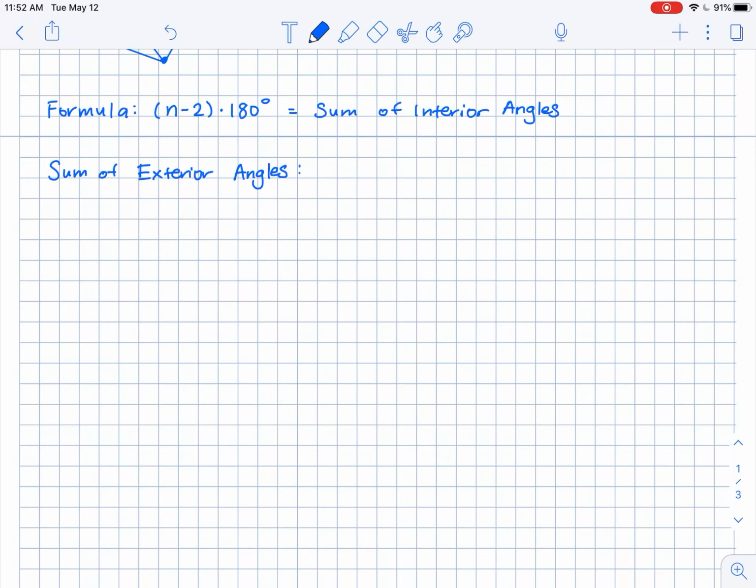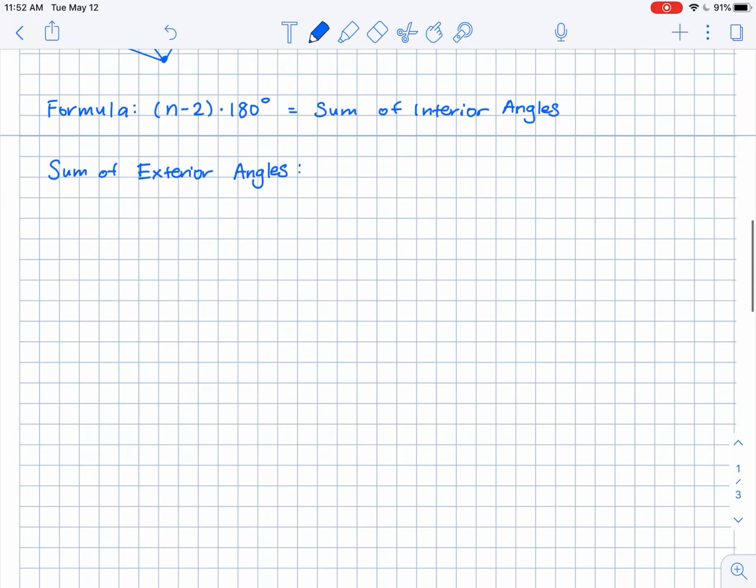Okay. So exterior angles. Where are the exterior angles? So if we have a triangle, we were told that the angles in a triangle add up to 180 degrees.